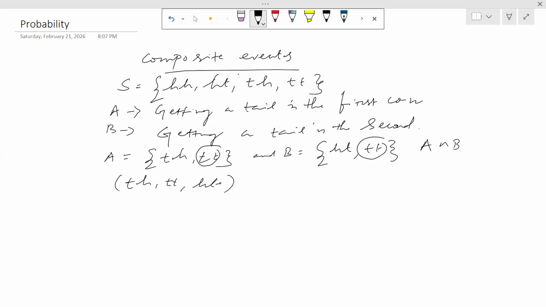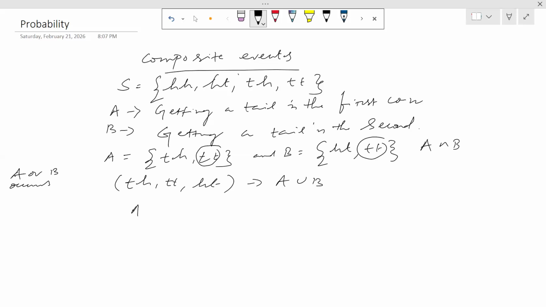So what it is saying? If A or B occurs, and if a tail occurs in the first or in the second, so obviously, it will be A union B. So what you can remember in this case, if there are two events given, we may combine them to form two composite events.